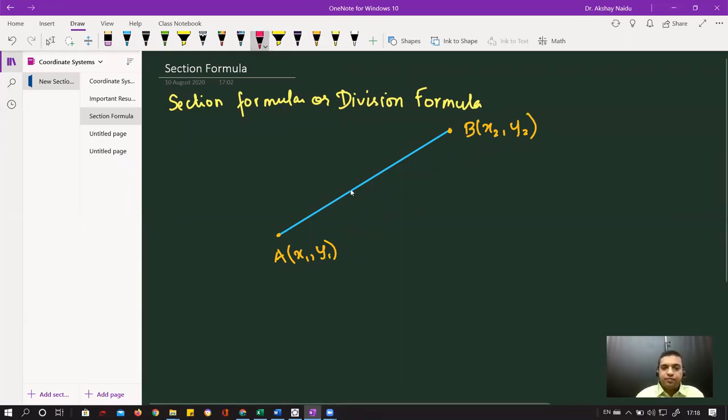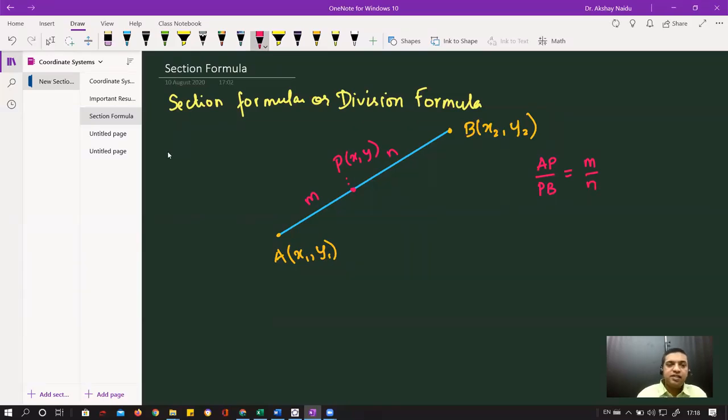Now, if there is a third point P, x comma y, which divides the line AB internally in the ratio of m:n. That means AP by PB is equal to m by n.